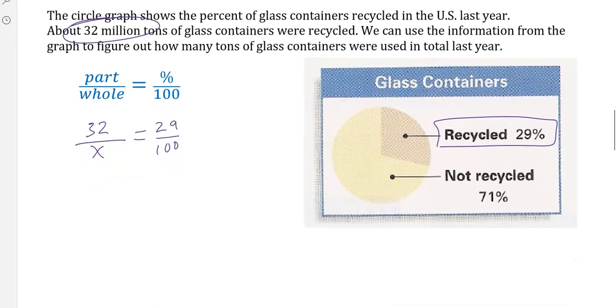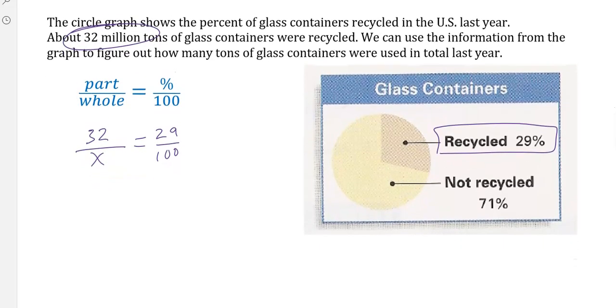One of the ways we can do this, and this is kind of a shortcut, is that if I flip both of these fractions and turn them into their reciprocals, so I make this x over 32 equals 100 over 29, the proportion is still the same, but it does make it slightly easier to solve.